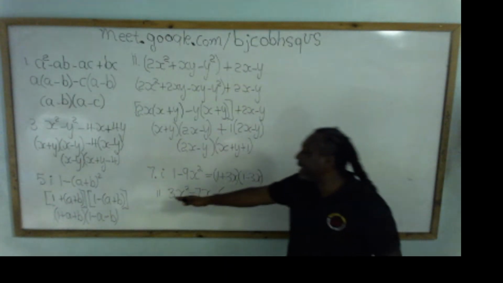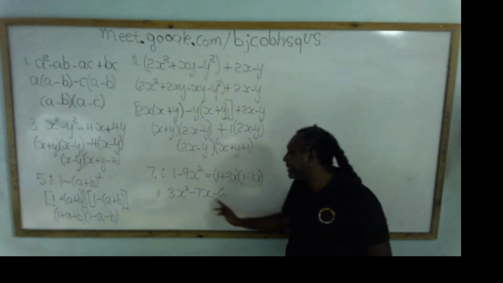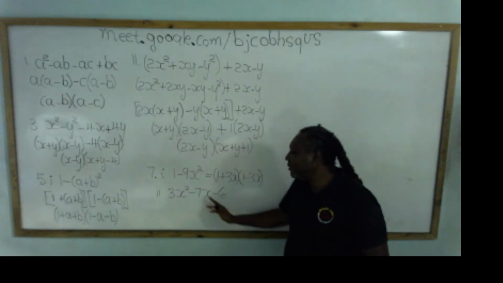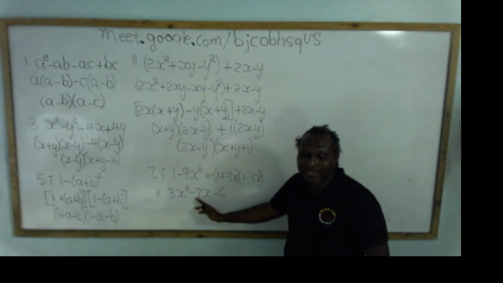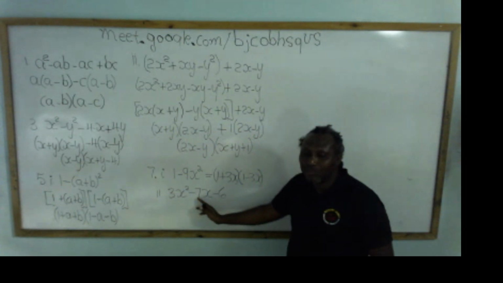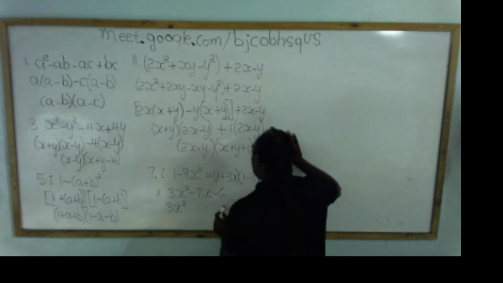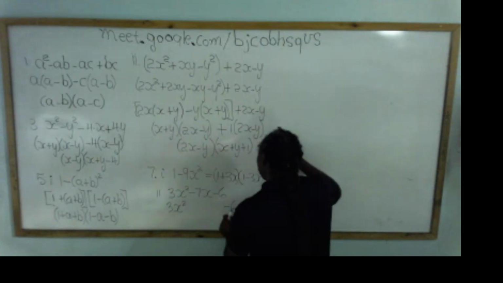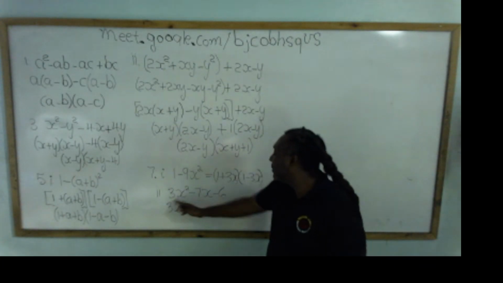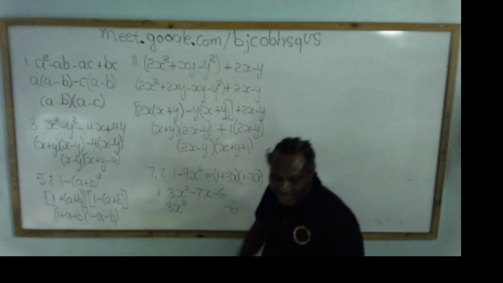We multiply these two and ask what two numbers multiply to give negative 18, and when we add them we get negative 7. What are they?